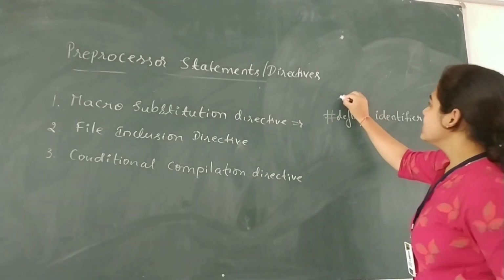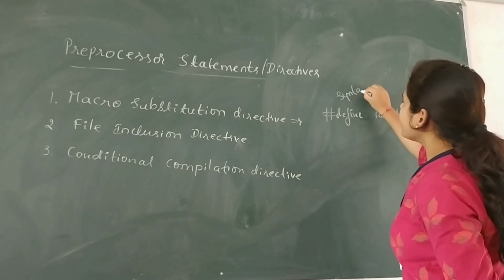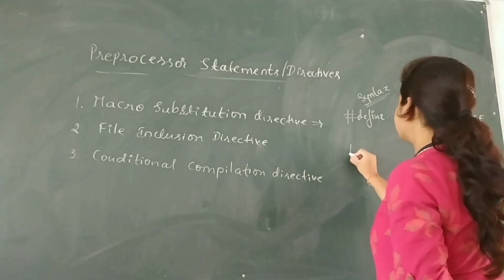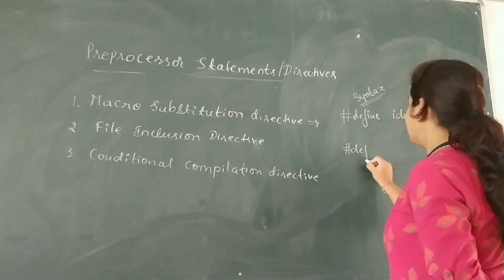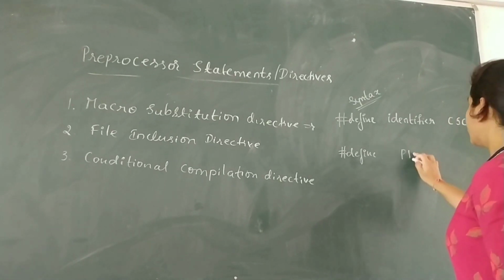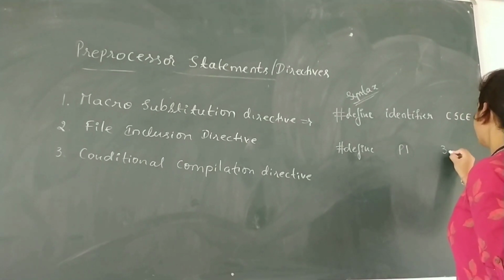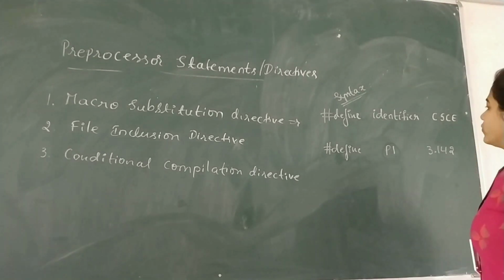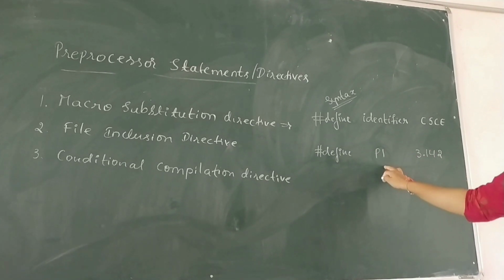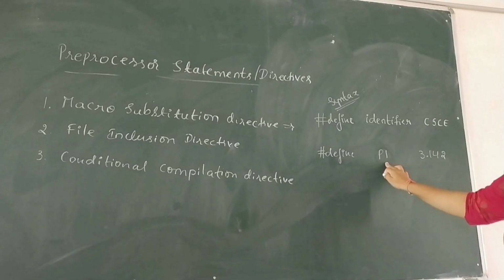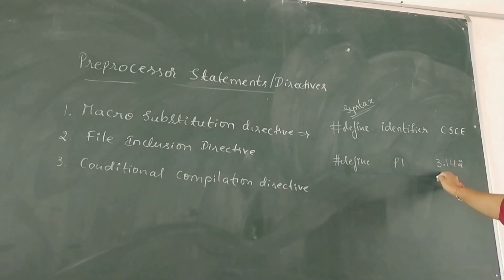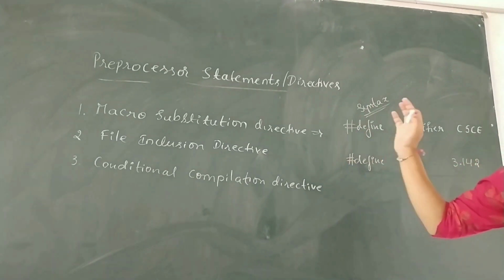One example is hash define PI 3.142. Here the identifier is pi, and we are assigning the constant value 3.142. Wherever the pi identifier comes in the program, it will be replaced with the 3.142 value. This is the process of the macro substitution directive.